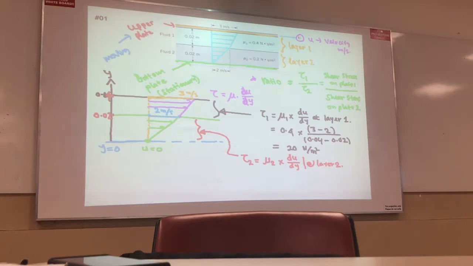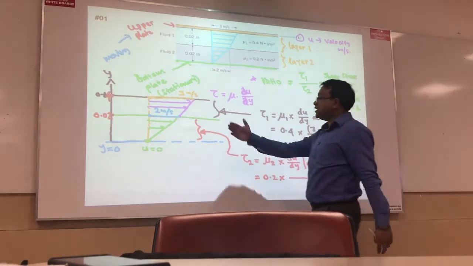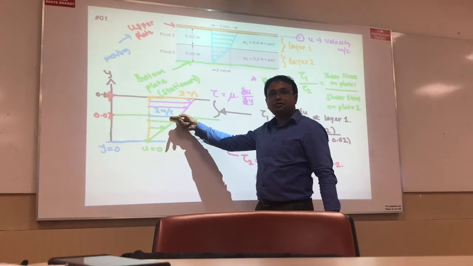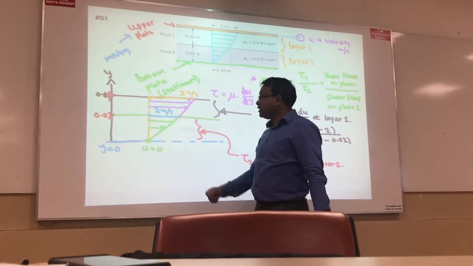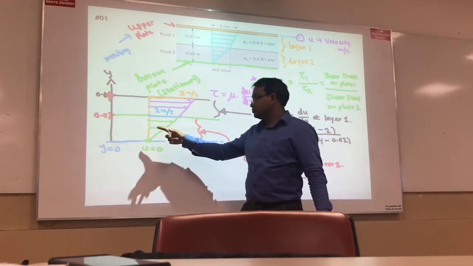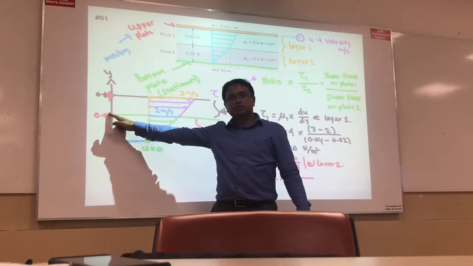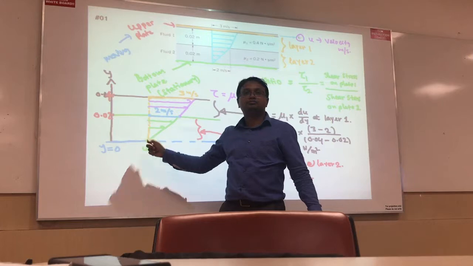Then I can write what is the value of mu 2. Mu 2 is given here as 0.2. What is du? Tell me. What is the maximum at layer 2? 2, right? What is the minimum? 0, so 2 minus 0. Right? What is dy at layer 2? Here is 0.02. Here is 0.